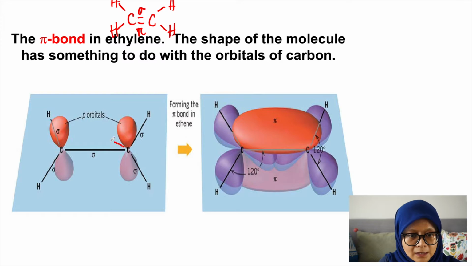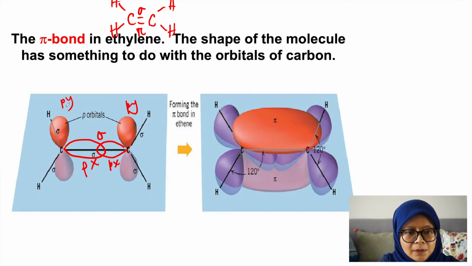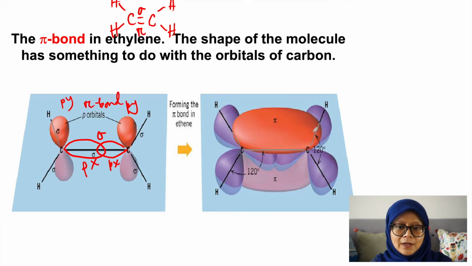This is the formation of the end-to-end orbital overlap in order to form the sigma bond. While the p here is between px and px, and this is between py and py, side to side. Overlapping of this py and py will form the pi bond. So this is what happened in this structure where we have the formation of pi and also sigma bonds.